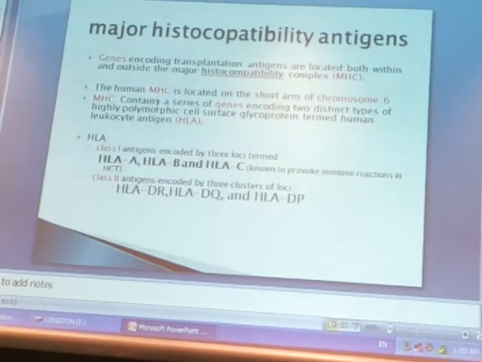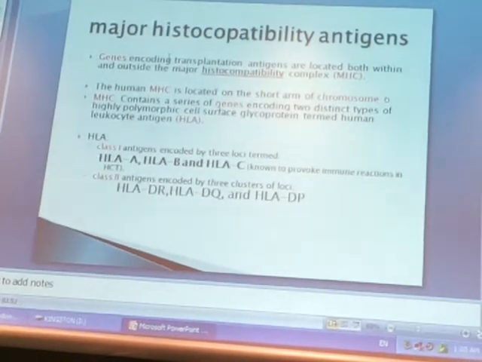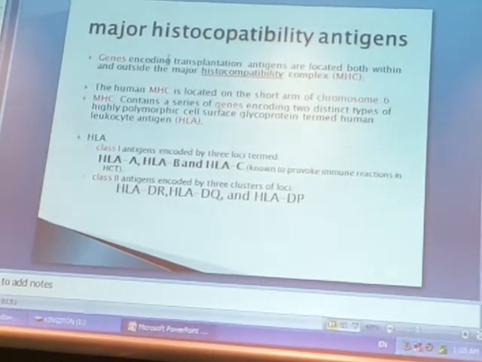the class 2 major histocompatibility complex, the HLA-DR, DQ, and the DP. So we test 12, and we say it's 12 out of 12, not like the siblings, because in unrelated donors, we still have minor incompatibilities.